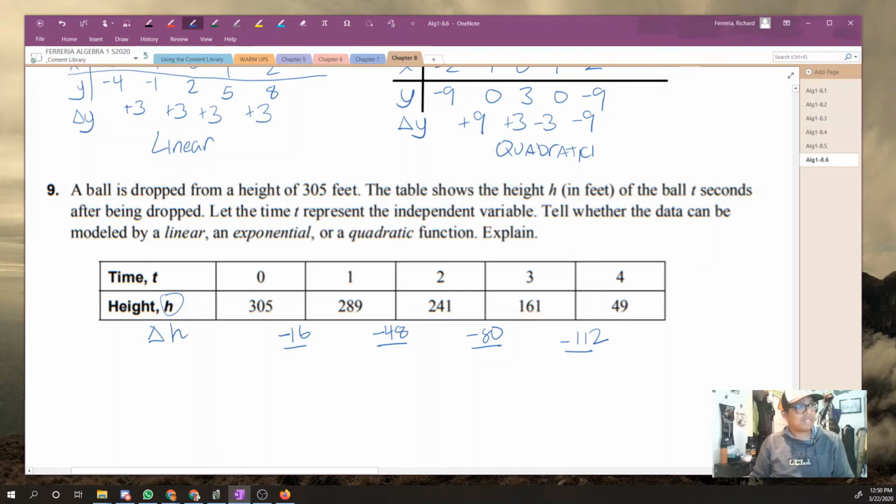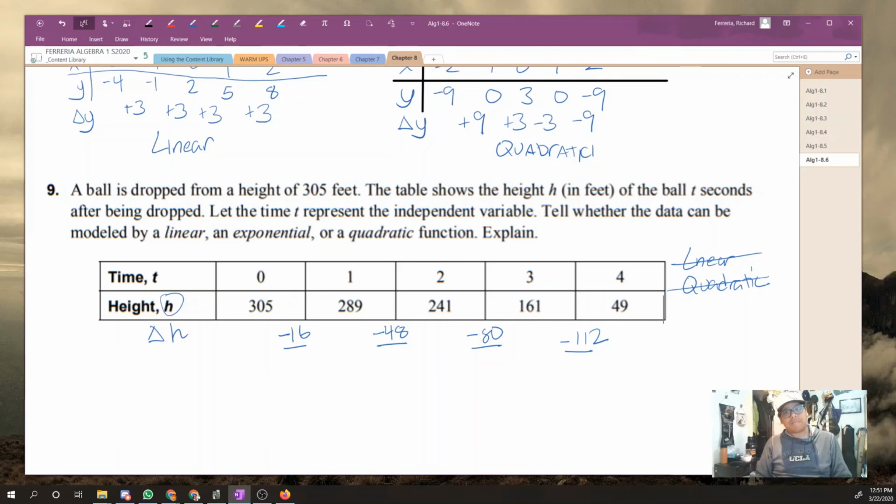But what is the pattern here? So first of all, clearly not linear. That's pretty obvious. Less obvious is that it's not quadratic. The only thing I can say against a quadratic is we don't have evidence here that this function is increasing and then decreasing. There's no evidence of a change in direction.